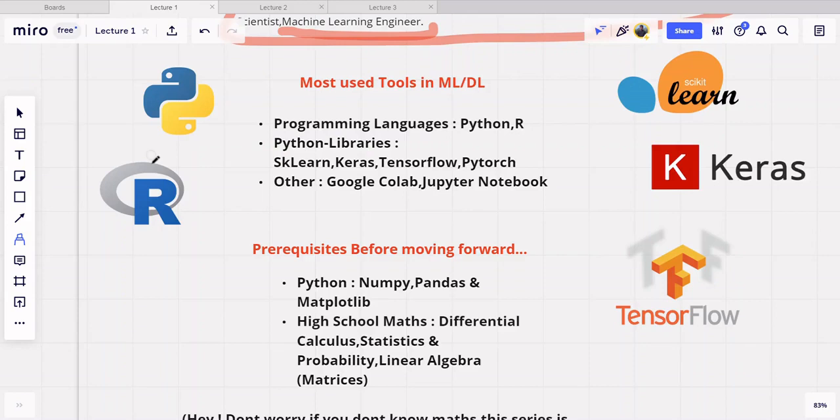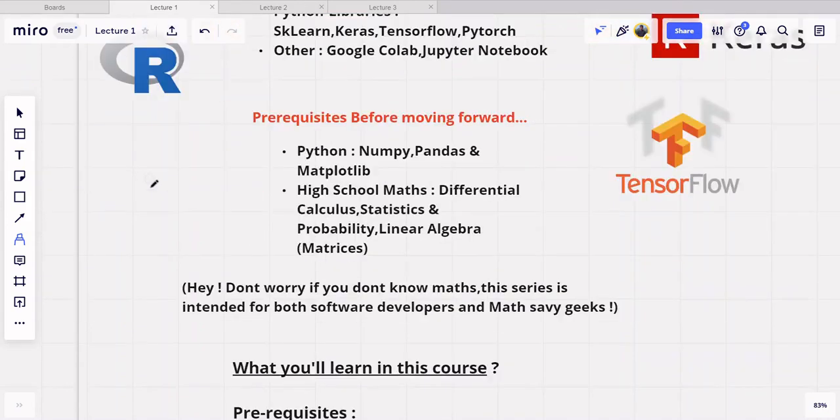The next is basically the prerequisites that you must have. Okay, the prerequisites are basically NumPy, Pandas, and Matplotlib. Now, these three are very must-have Python libraries. If you are anyone working in machine learning or deep learning or data science, etc., these three are basically default libraries that you cannot work without. Especially NumPy and Pandas.